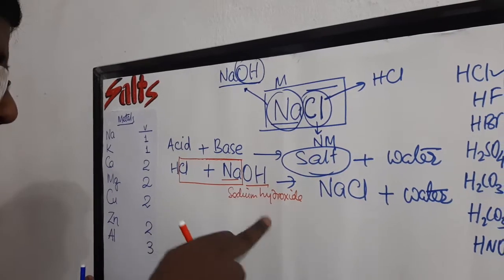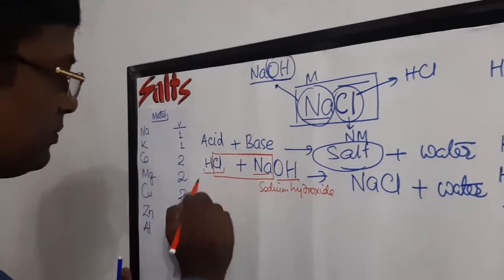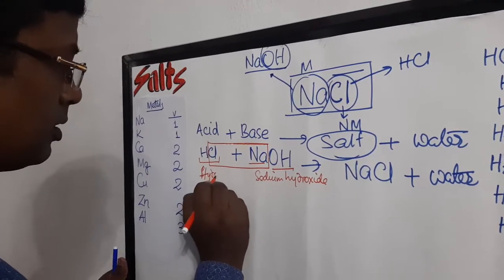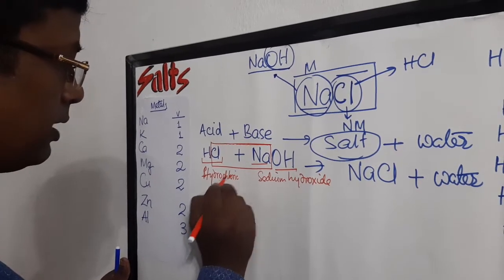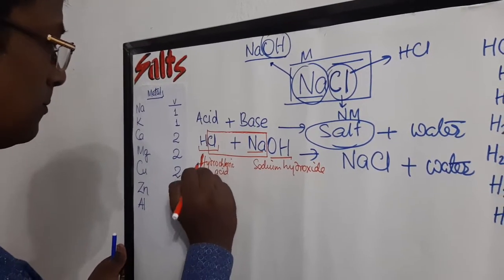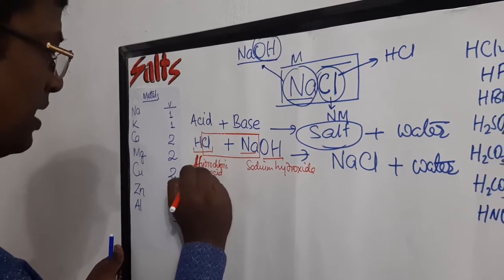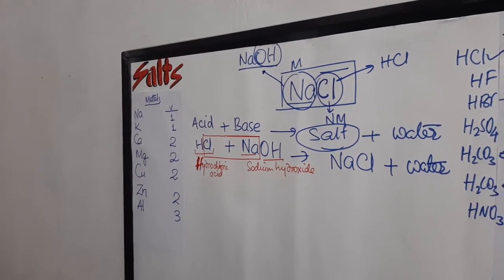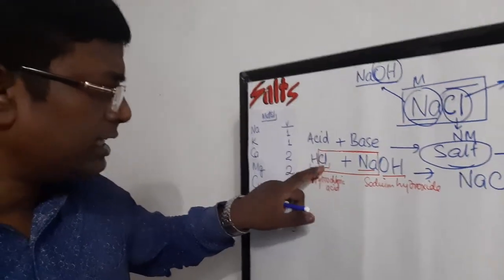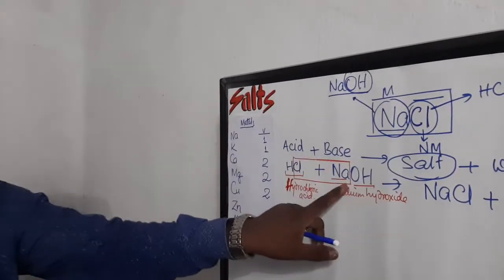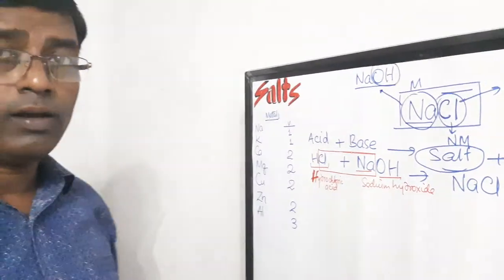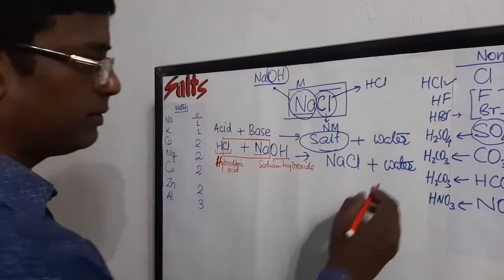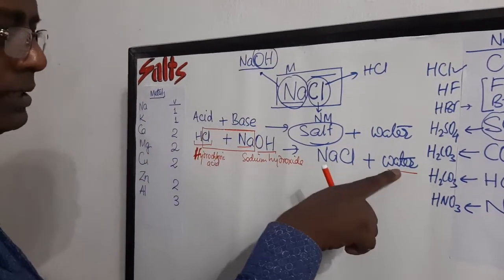If you find OH, it's definitely a base, and this is an acid, hydrochloric acid. Now the anion part of the acid combines with the positively charged metal ion of the base. They combine and give you sodium chloride. Along with this, H and OH also combine and give you water.